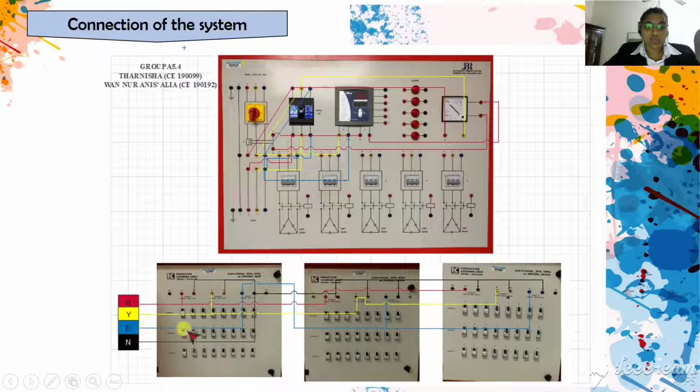Then for the blue also, we go to the A1 of the resistive and connected to the A1 of the inductive, and also it is connected to the capacitive loading unit. So what we can see is the neutral are connecting all the A2 switches, while the RYB is connected between the A1, B1, and C1.